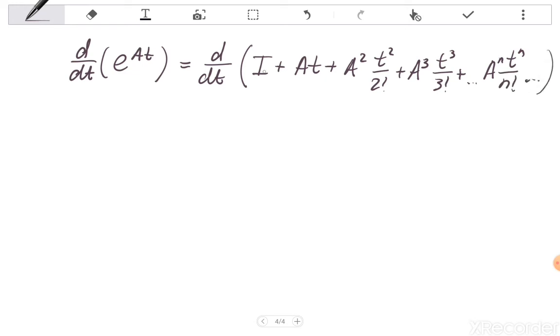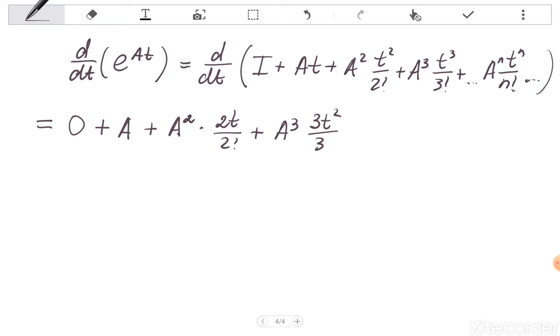When we differentiate this I, we get the 0 matrix. When we differentiate this At, since this is linear, we get just A. And when we differentiate this, we get A squared times 2t, the derivative of t squared is 2t, over 2 factorial, plus A cubed 3t squared over 3 factorial, plus and so on, plus A to the n times t to the n minus 1 over n factorial, and so on.